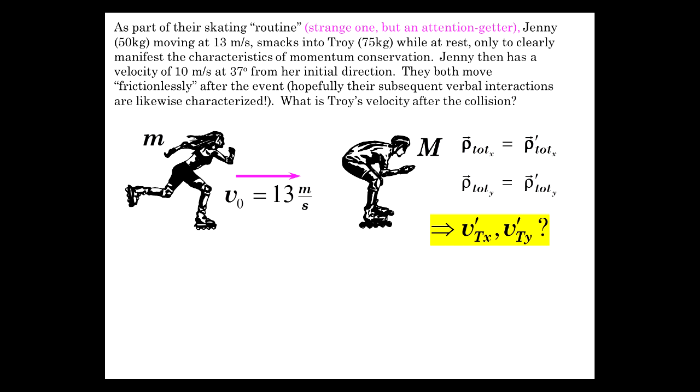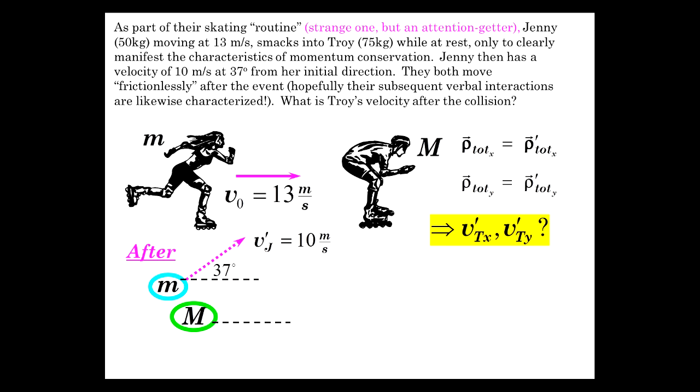Now let's check out what Troy's velocity is after the collision in the x and y, and then of course we can combine them. So afterwards, we have little m, or Jenny's mass. She moves off at 37 degrees at 10 meters per second, and Troy's is going to be discovered here: some unknown angle and some velocity of Troy after.